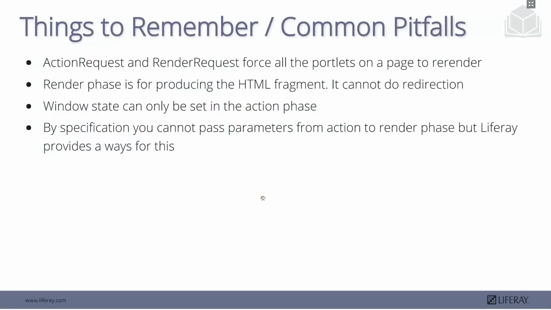The render phase is going to produce HTML fragments, which will help us create our web pages. There's no redirection during there. The window state of a portlet is only set within the action phase. So if you want to set the window state, you have to have the action phase there.